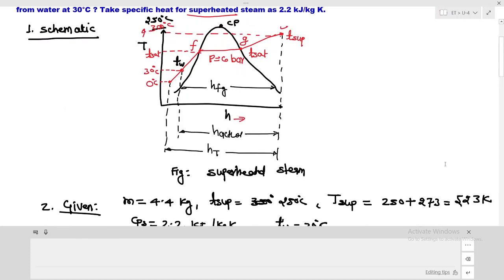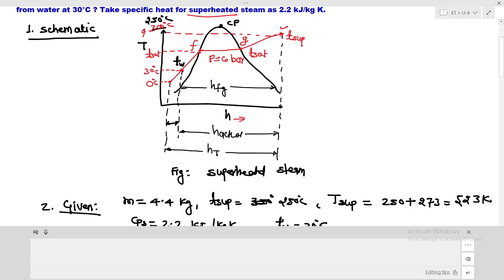But what is happening in our case? We are not taking water at 0 degrees Celsius. Rather, in our case, water is at 30 degrees Celsius. So this much amount of heat is already there in water, so we need not supply this much amount of heat.